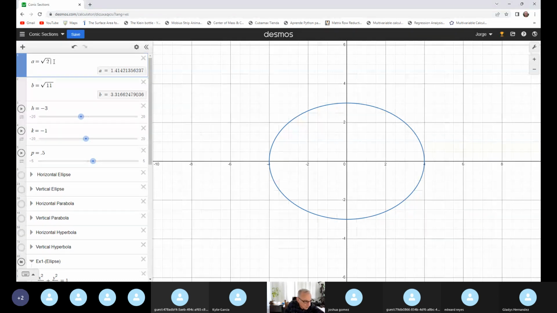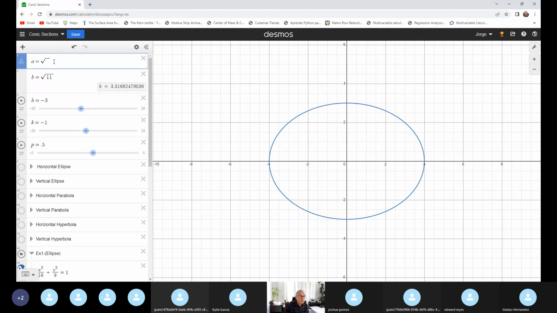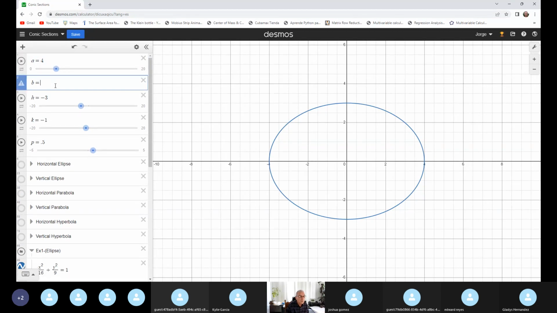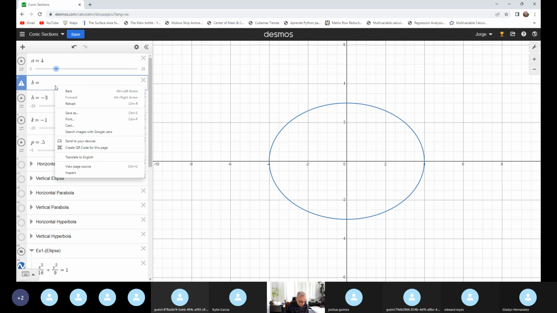You type in here 4, or just use the slider. But in this case, it's much better for me to type 4 and 3. And H and K, which are the components of the center.